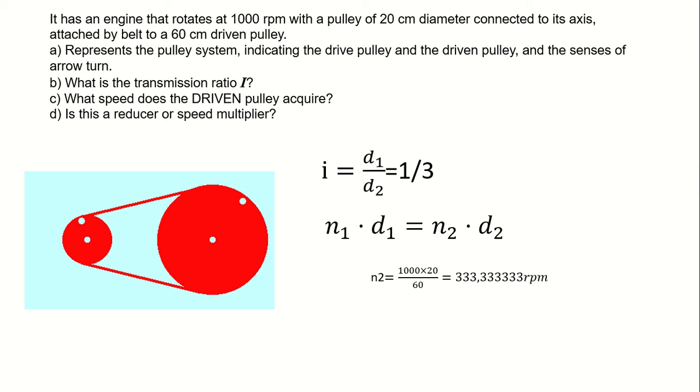The transmission ratio of 1 between 3 is N2 between 1000. So the result will be 1000 between 3, that is the same as here, 333.3 RPM. Okay.